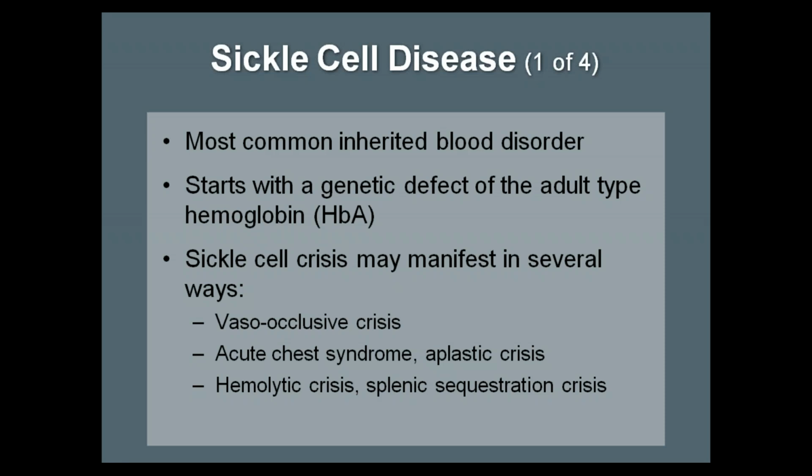A couple of different things about sickle cell disease that we may run into in EMS is, one, they might be having an acute crisis, or vaso-occlusive crisis. These other things, acute chest syndrome and aplastic crisis, are things I've never even heard of, and wouldn't know exactly what the treatment is. That's what's interesting about this type of disease.